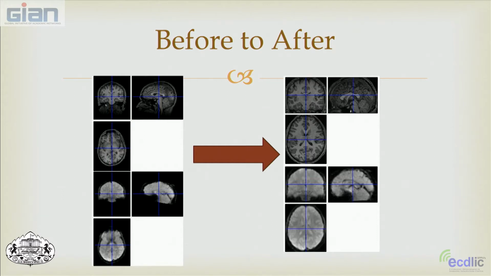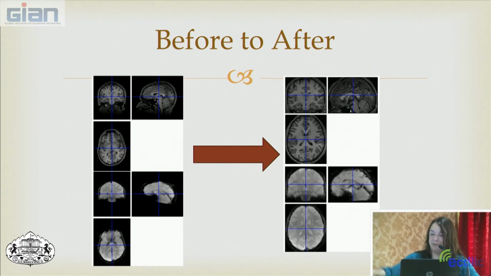The person's brain was initially tilted a little bit, and sometimes this is because of the orientation of their head when they're in the scanner. But after our normalization step, it's lined up and adjusted this way and warped to match the head of the MNI brain.